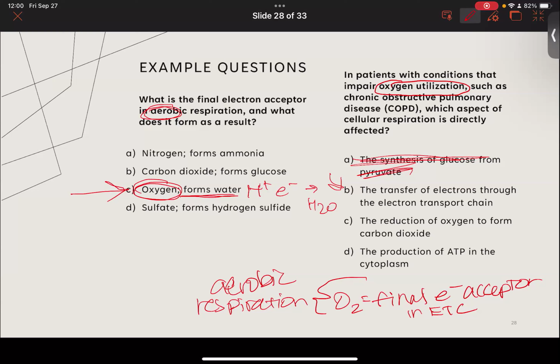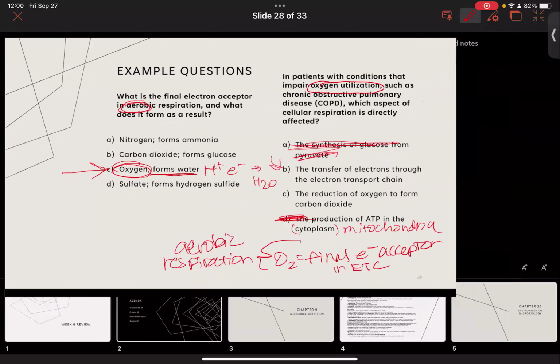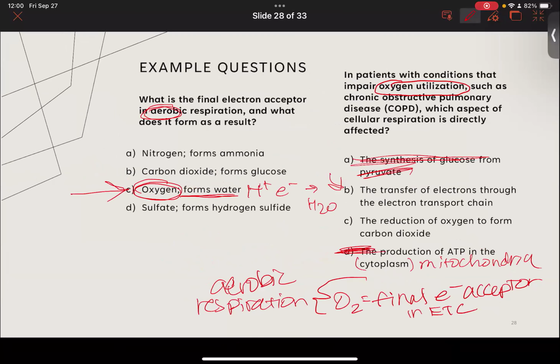We're not talking about production of ATP in the cytoplasm because our ATP isn't made in the cytoplasm, is it? Where's our ATP made again? The mitochondria. No, not that. All right, so if we're looking at these last two, my choice is B, the transfer of electrons through the electron transport chain.